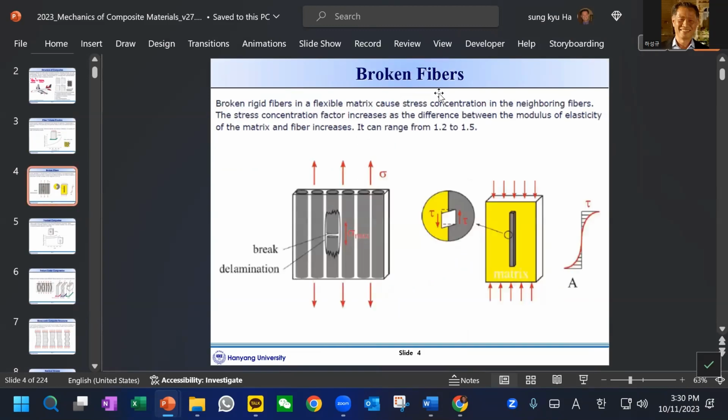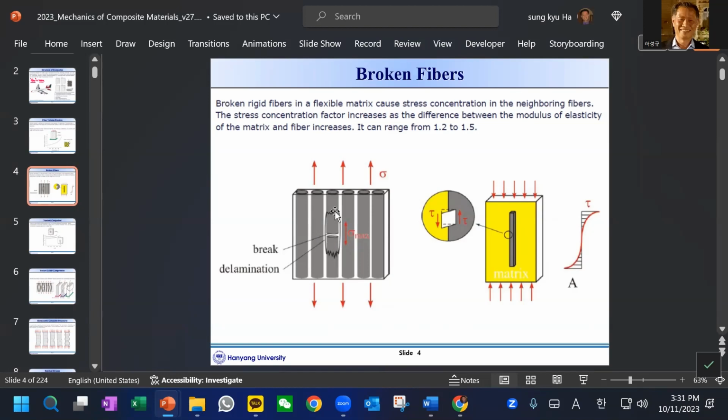And broken fiber, well, this is just a list of several issues. Each topic or issue is not quite related, but they are just some issues in composite in general. Broken fiber means that this shows the long continuous fiber, but each fiber or filament can be broken during a manufacturing defect, or during the fatigue load, or some manufacturing process.